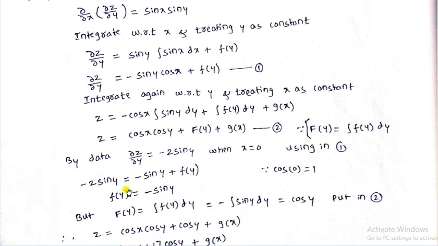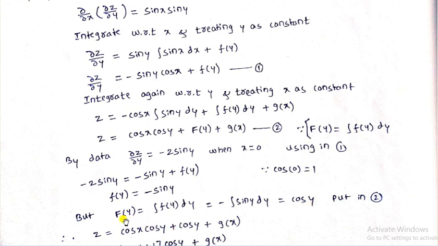Now we substitute the small f of y value in the capital F of y relation. So capital F of y is the integration of f of y dy, and our f of y is minus sin y dy. The integration of sin y dy is minus cos y, so minus into minus gives plus cos y.